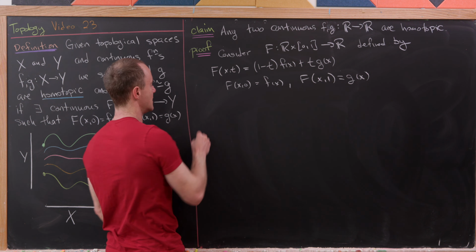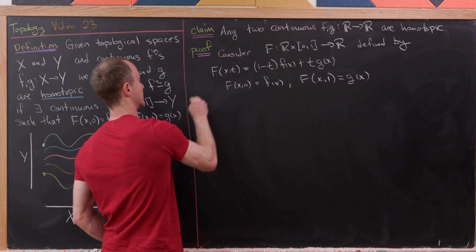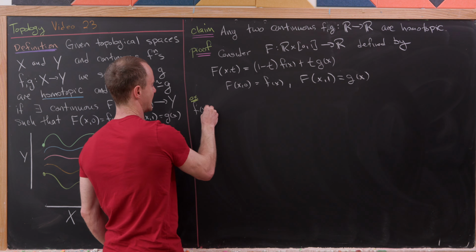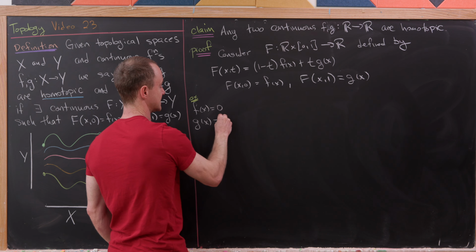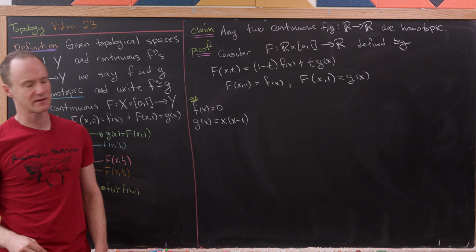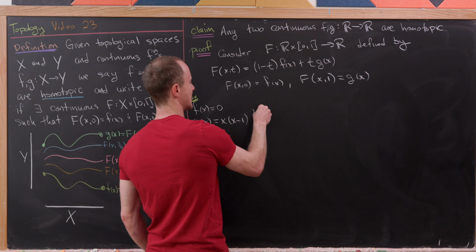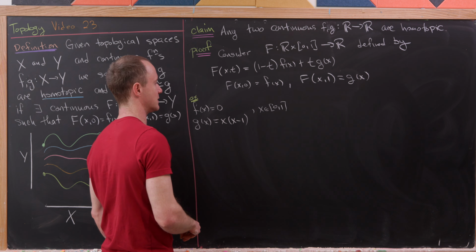Let's say f of x is the 0 function, and g of x is the parabola x times (x minus 1). Let's just say that we're taking x only on the unit interval, just to keep it simple.